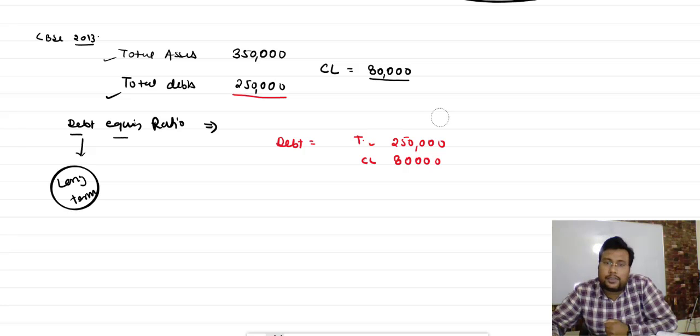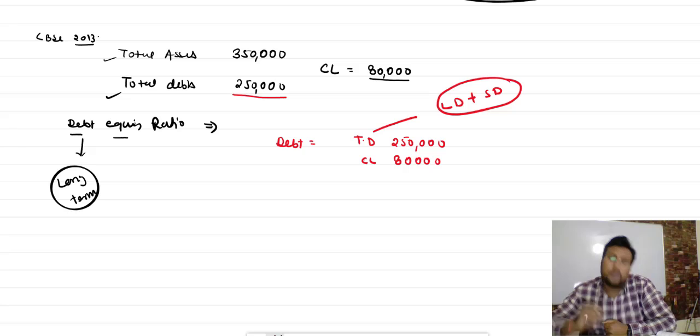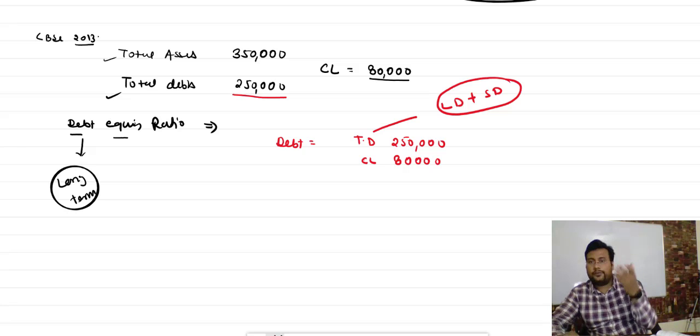So total debt contains long term debt plus short term debt, both. Long term provisions, short term provisions.